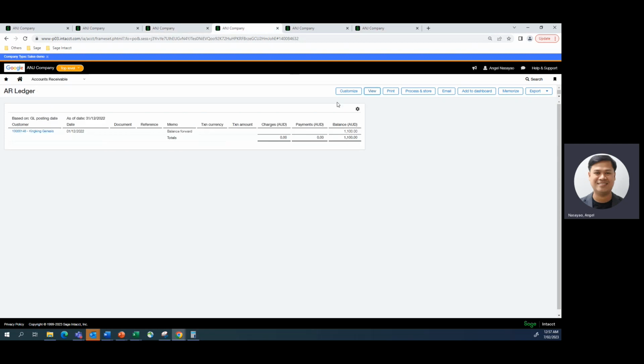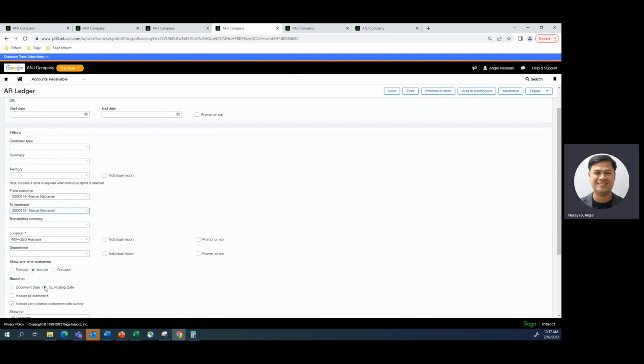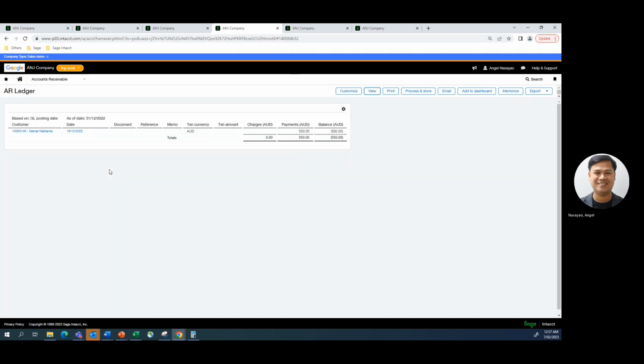But let's have a look when it comes to the AR ledger. So if I change this again to the customer, and I run it based on GL posting date still, why do you have negative 550, right?